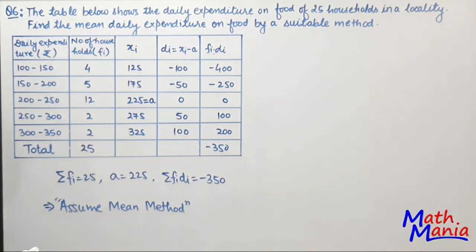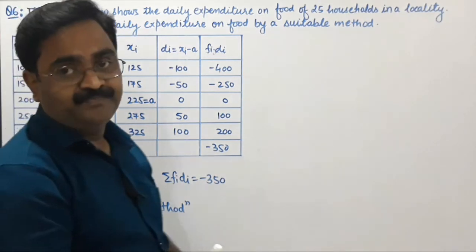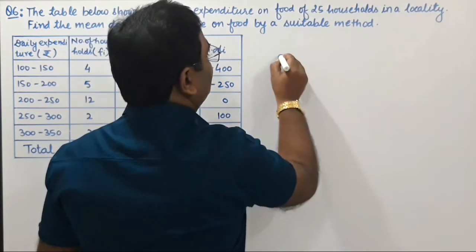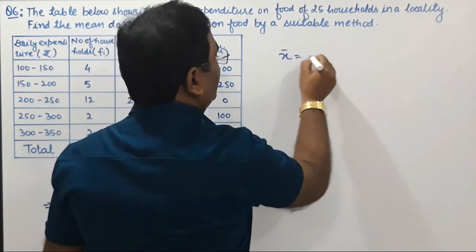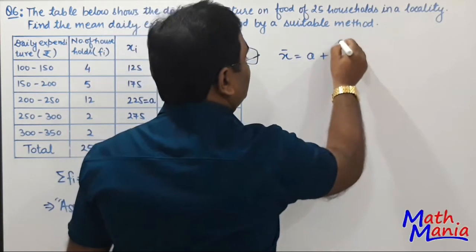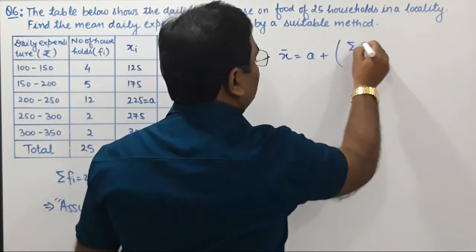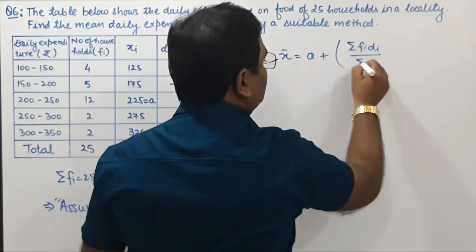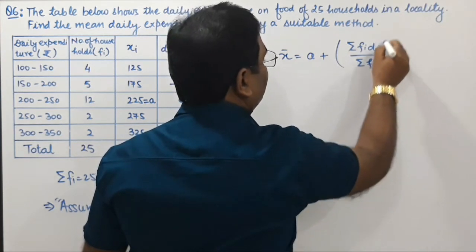So let's write down the formula for finding the mean from the assumed mean method. X bar is equals to A plus sigma Fi into di upon sigma Fi.